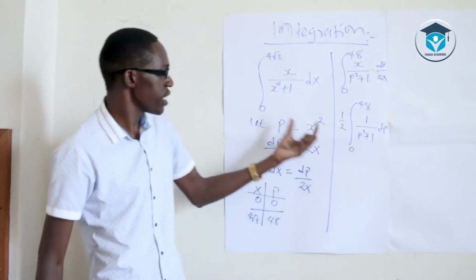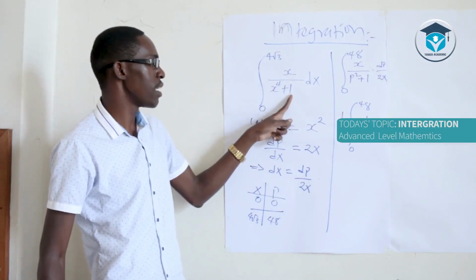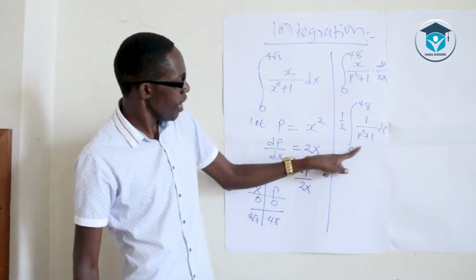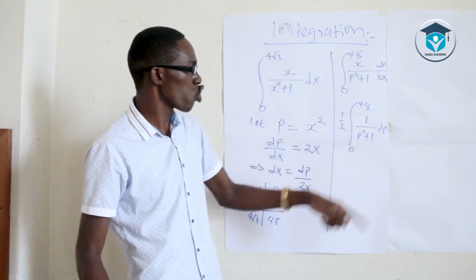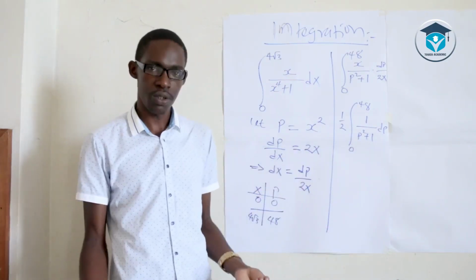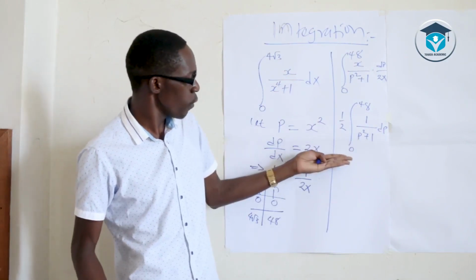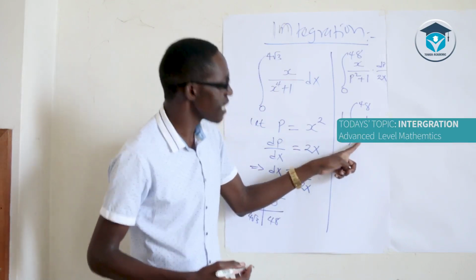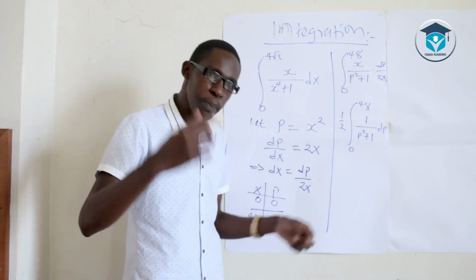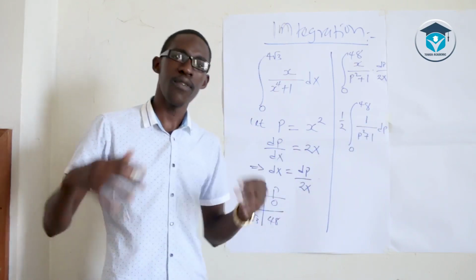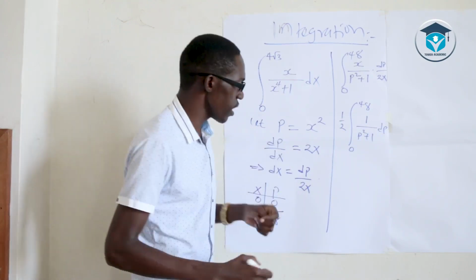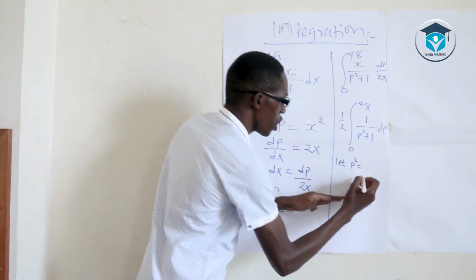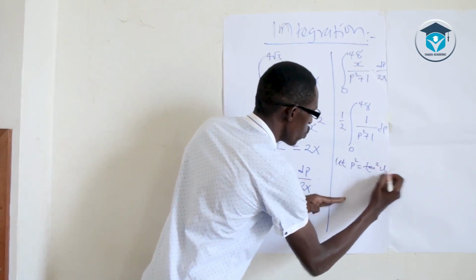You remember I told you that if we had been given x squared plus 1, we would directly use tan substitution. At this level, it is now p squared plus 1, which automatically gives us our tan substitution. If you have a mathematical eye, you just realize that this is arctan of p. But because we are dealing with people of different caliber, let p squared equal tan squared of u.